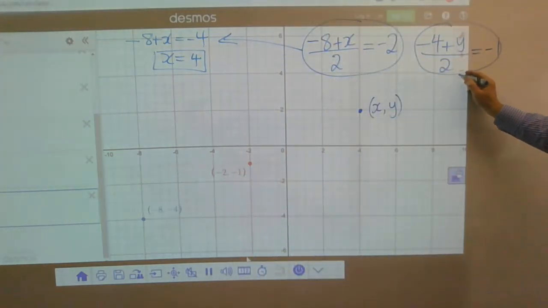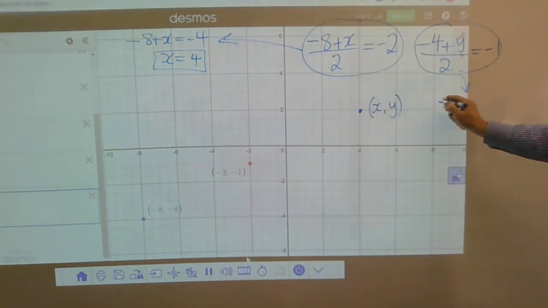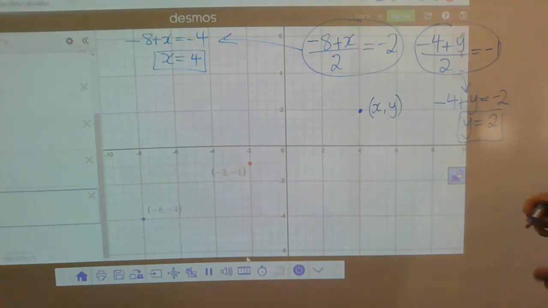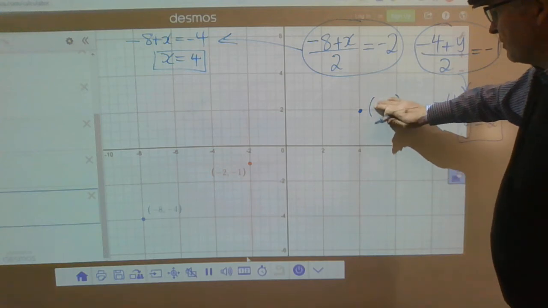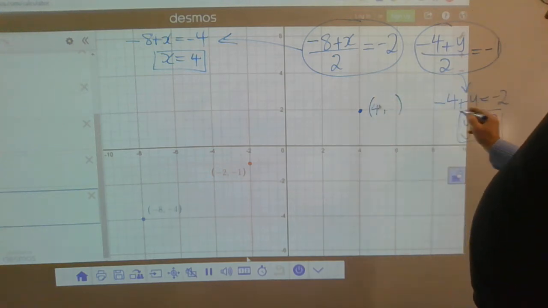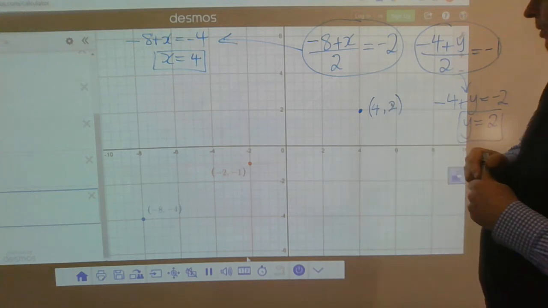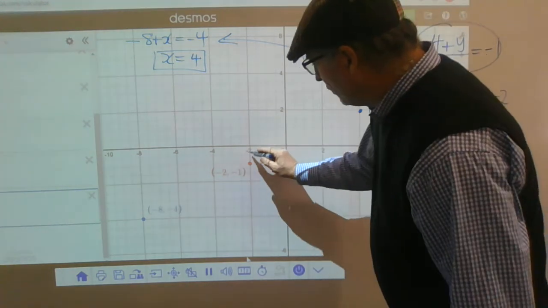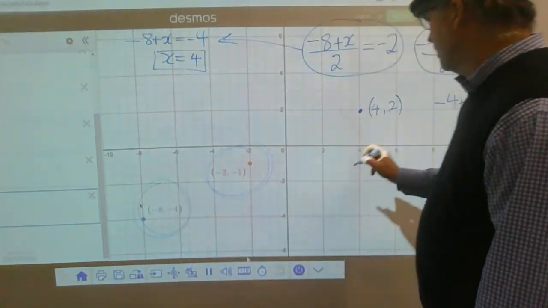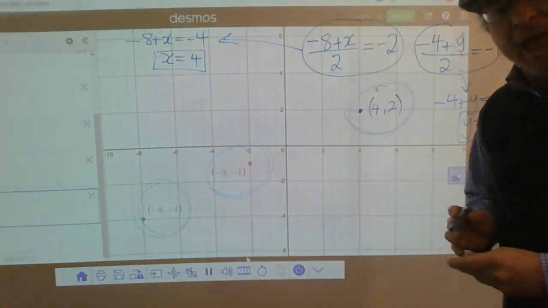Here I'll solve this. I'll double everything. -4 plus y equals -2. And I'll add 4 onto both sides. So y equals 2. So this is the point: x equals 4 and y equals 2. So if this is the midpoint and you're given this end point, then this must be the other end point.